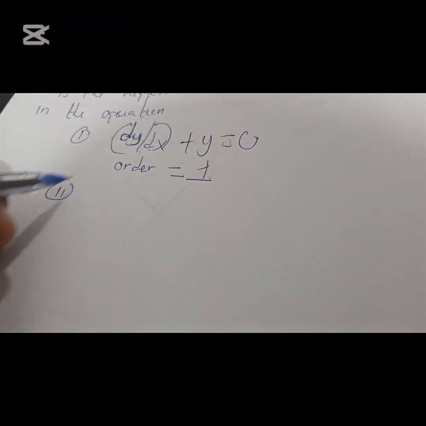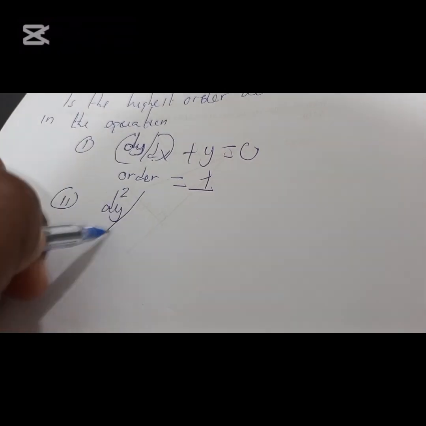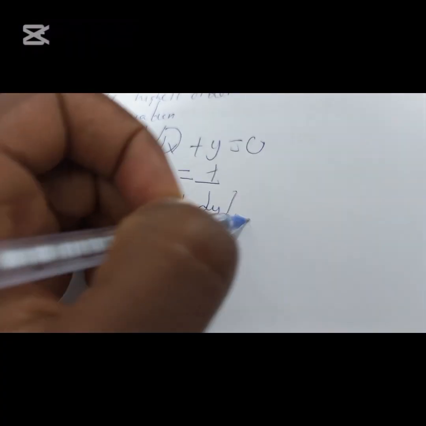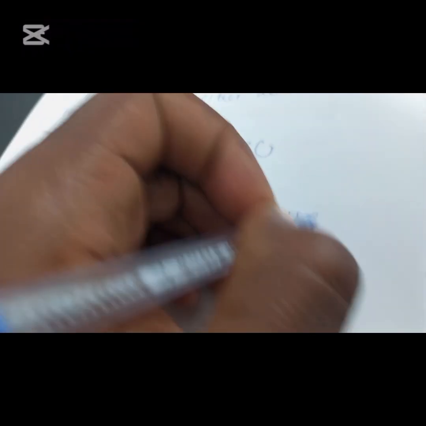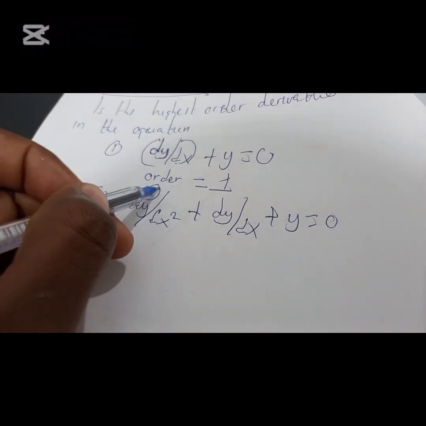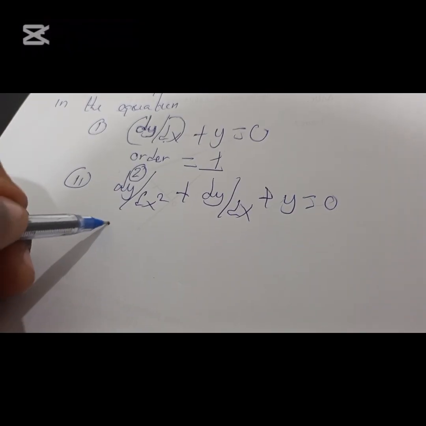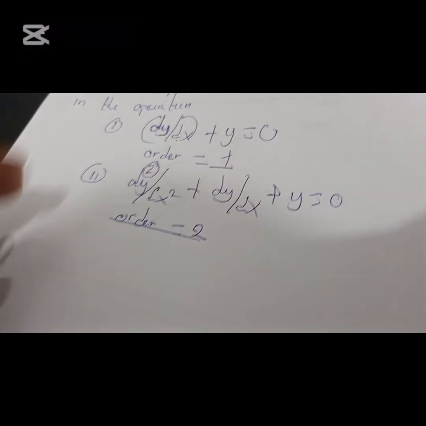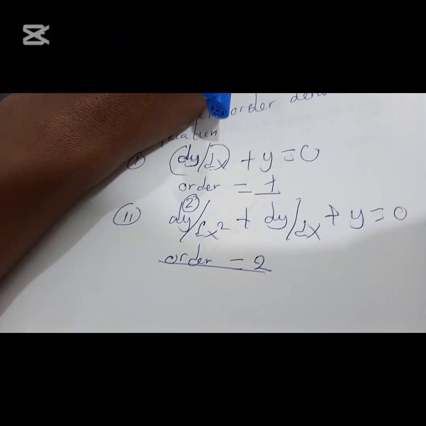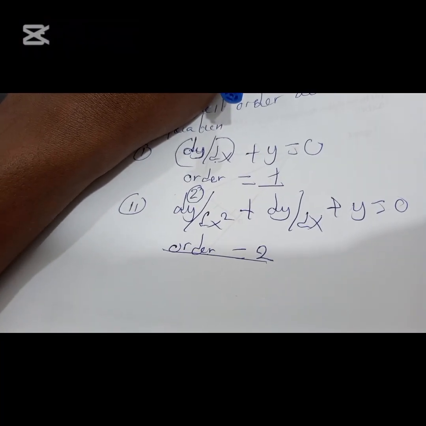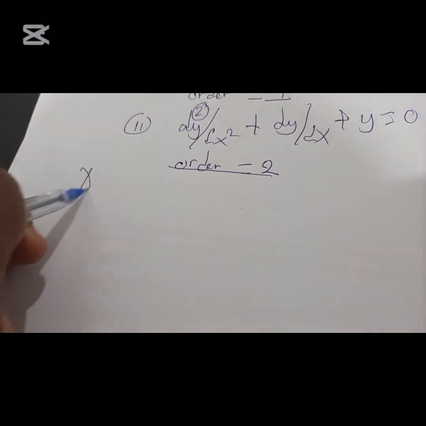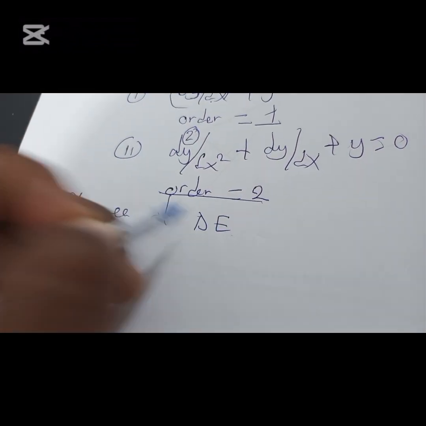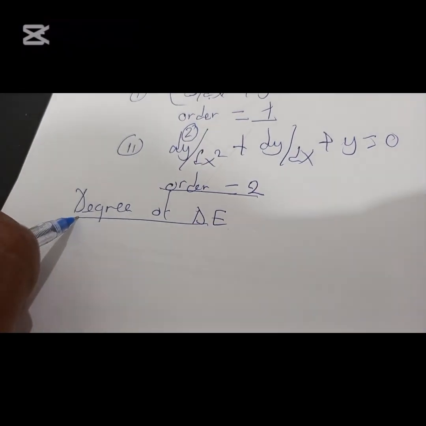Let's look at a second example: d²y/dx² plus dy/dx plus y equals 0. This is the highest, so we may say that the order equals 2. This is quite different from the degree of a differential equation. Here we look at the power.